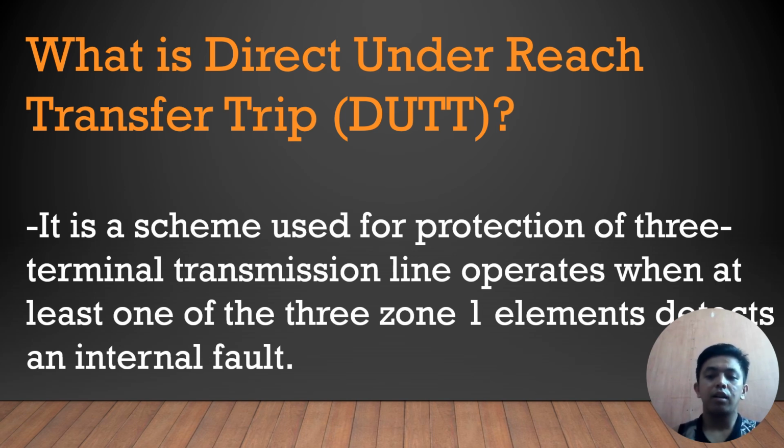This type of distance protection scheme operates within a specific zone, typically 80% of the line length, and trips the circuit breaker when a fault is detected. The key point here is that DUTT focuses on clearing faults within this zone rapidly to maintain system stability.